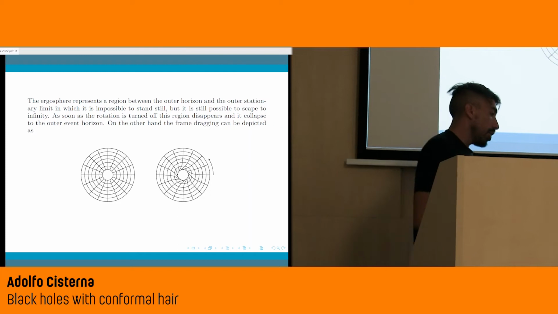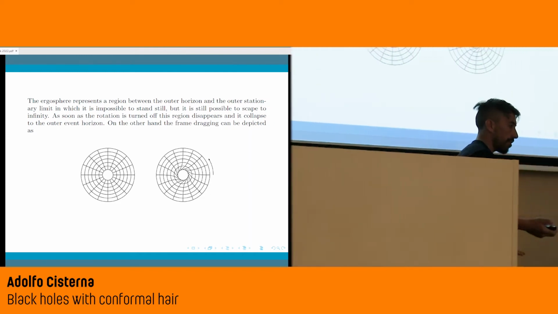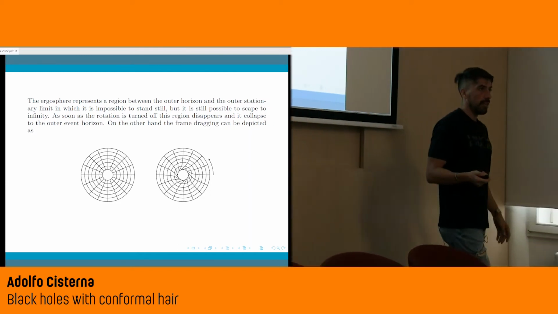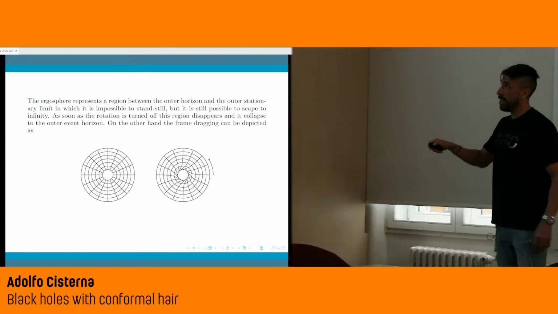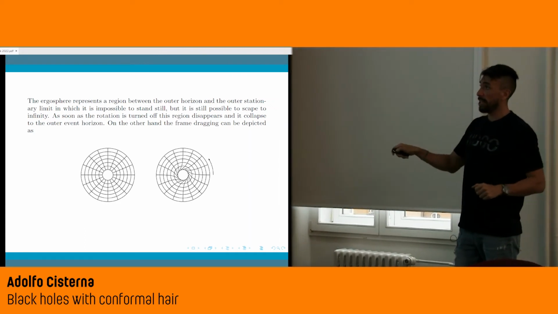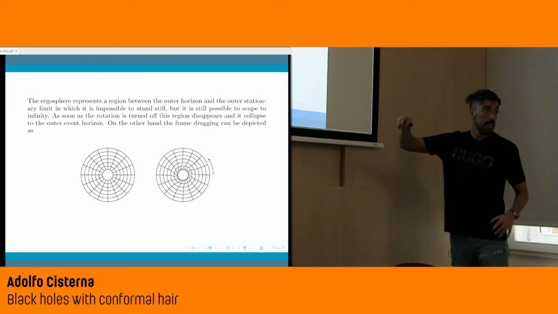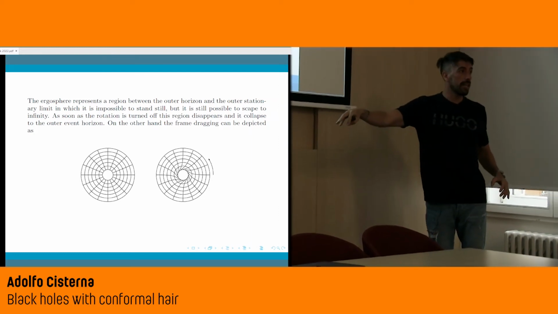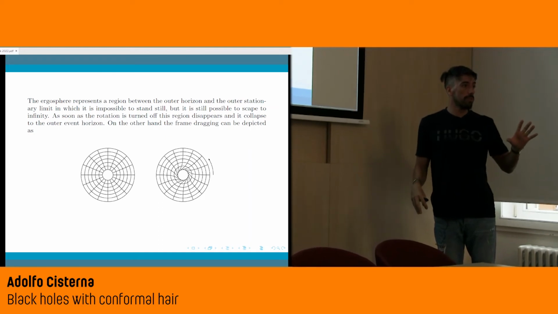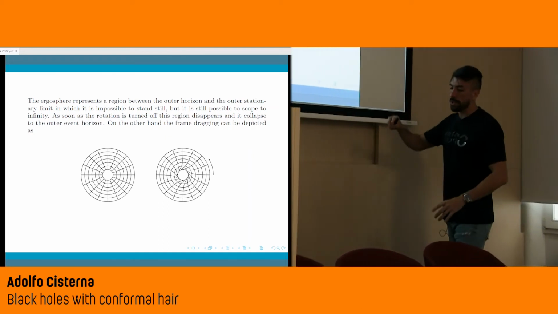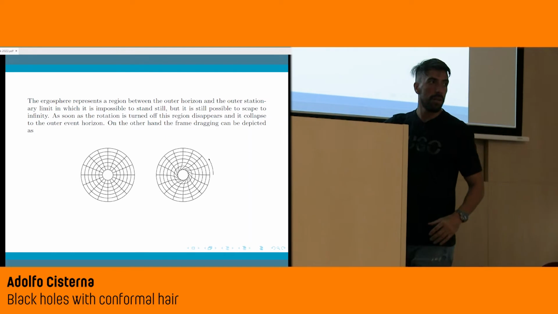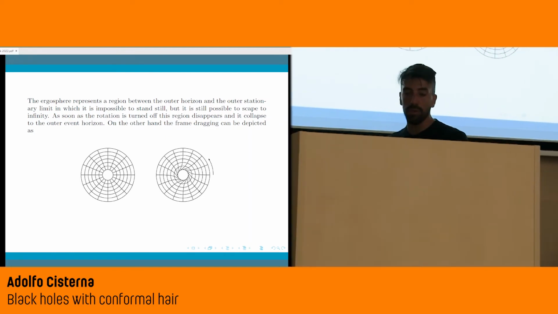And the other new effect, which is related with the rotation, is called frame dragging, and can be understood by this picture. It is basically that if I am at infinity and I drop a particle there with zero angular momentum, okay? So this particle has zero angular momentum, and I drop it falling down into the space-time.